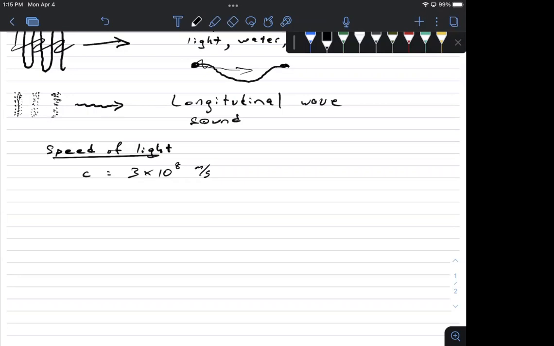That number will never change. Now, the speed of light is c, 3 times 10 to the 8th. This is in air or, more particularly, in a vacuum, but we'll count air as the same as vacuum. It's close enough.